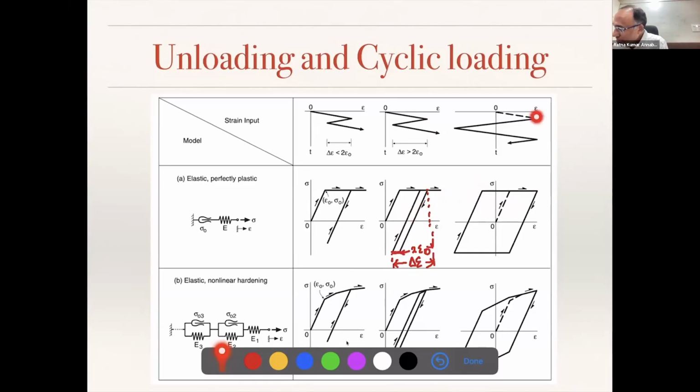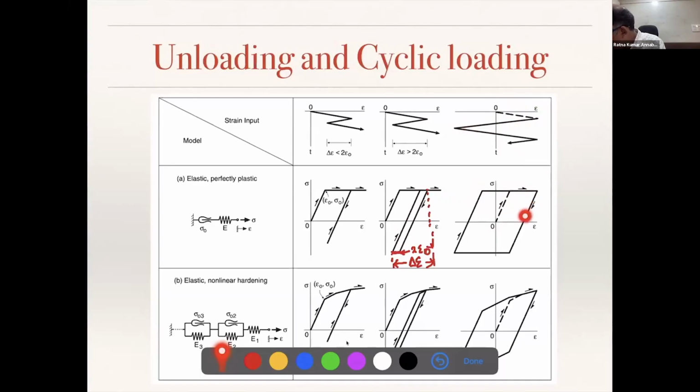Now, this is a scenario when you have fully reversed loading. So you have gone from 0 up to a certain strain, up to here. So if you have gone up to here, then you will have deformed up to some plastic deformation. Then you are unloading, but you are also going into the negative strain, right?